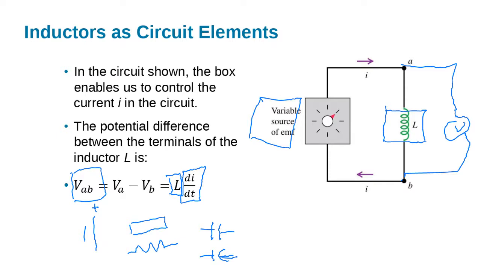Obviously, a real inductor will have some resistance, in which case you just put another resistor next to it to separate out its internal resistance. But an ideal inductor without any resistance, its voltage will always be its inductance times the rate of change of current.